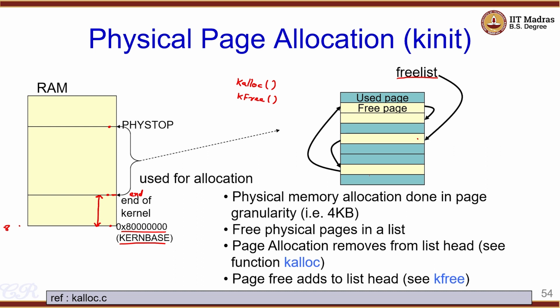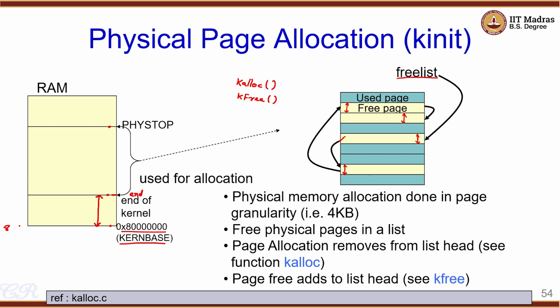This is the first chunk of 4 kilobytes. This is your typical linked list. It has a pointer to the next chunk, which is this, another 4 kilobytes. This has a pointer to the next free page, and this to the next free page, and so on, right?